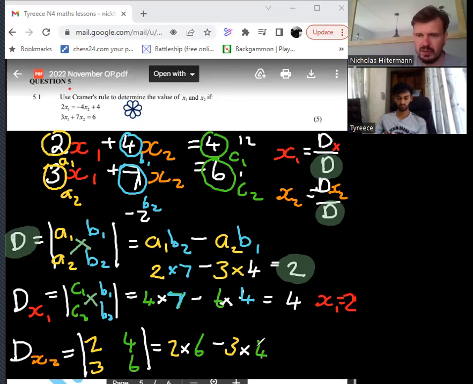Now, I've got the 3 things. So that's Cramer's rule, it's getting these 3 things. So the dx2 is 0. Well, when we put in that, 0 over 2 is going to give us 0. So our x2 is equal to 0 over 2, which is 0.